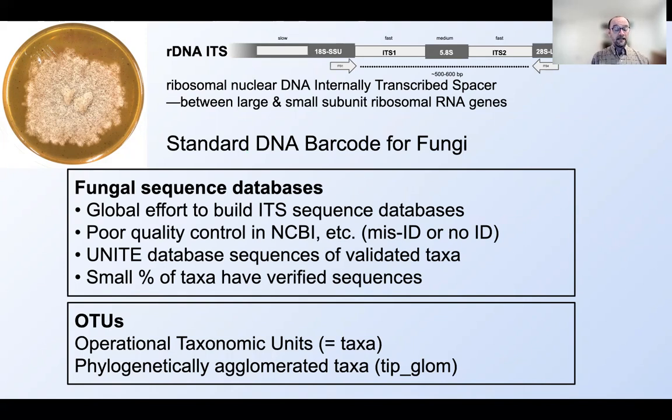There is a great effort in the Unite database to provide sequences of validated fungal taxa for ITS sequences, and that's been tremendously helpful, but it only includes a very small proportion of the taxa that you are likely to find in these sequencing efforts.